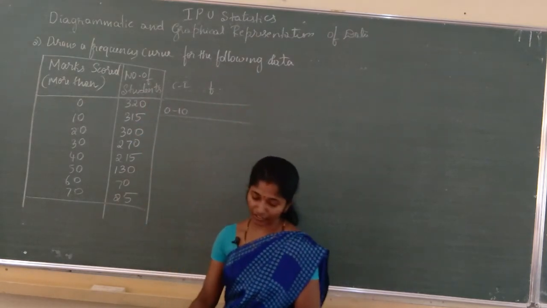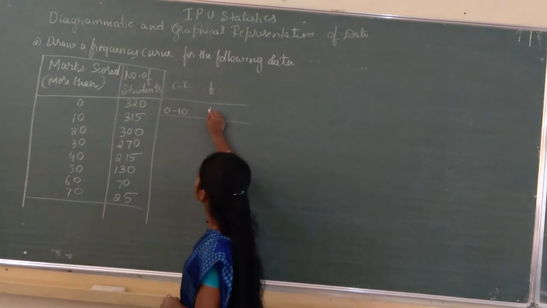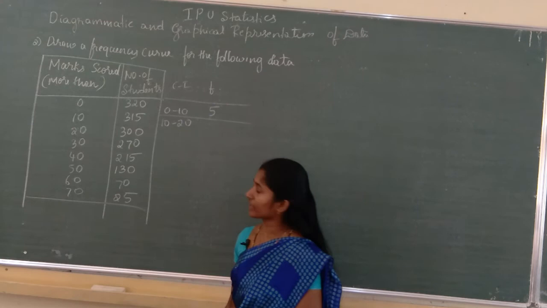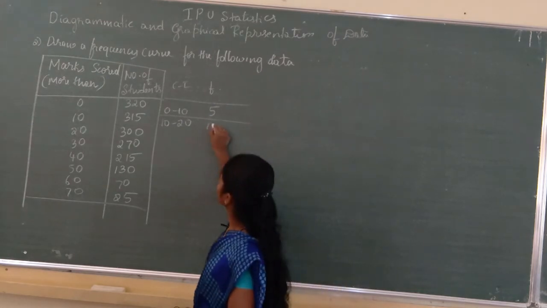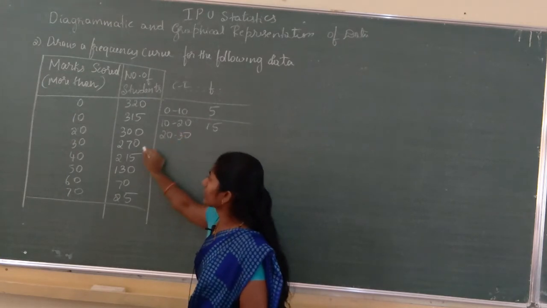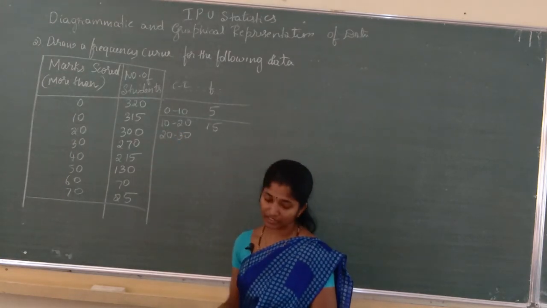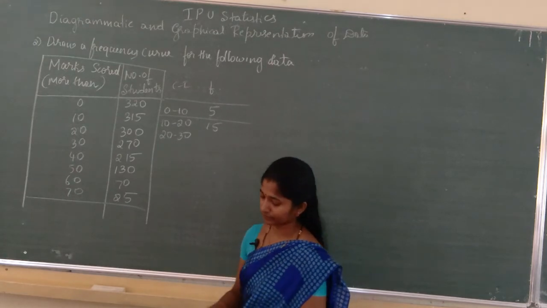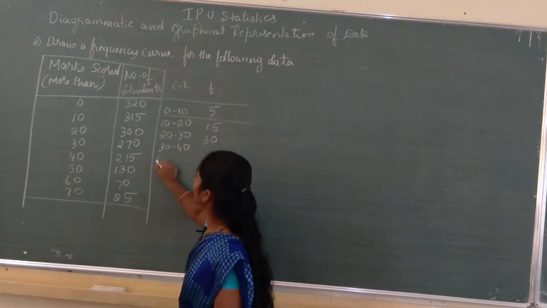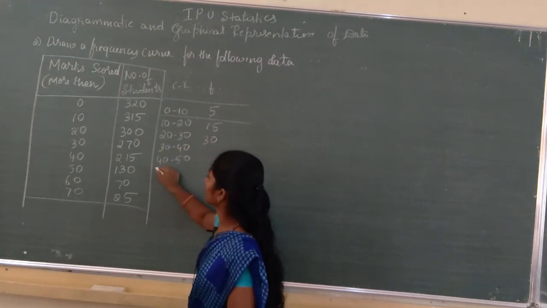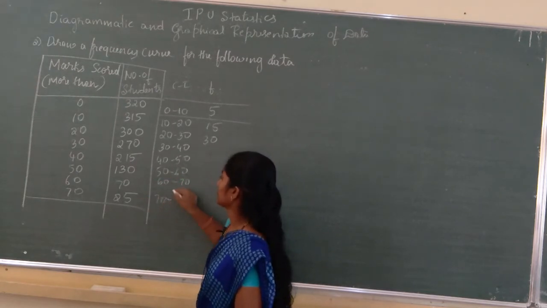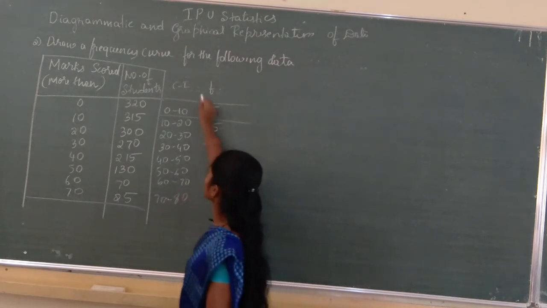320 minus 315, that is 5. 10 to 20, 315 minus 300, that is 15. Next, 20 to 30, 300 minus 270, that answer is 30. 30 to 40, 40 to 50, 50 to 60, 60 to 70, 70 and more. Here all have a difference of 10, therefore I will write 80.